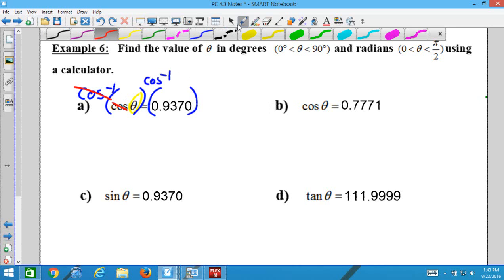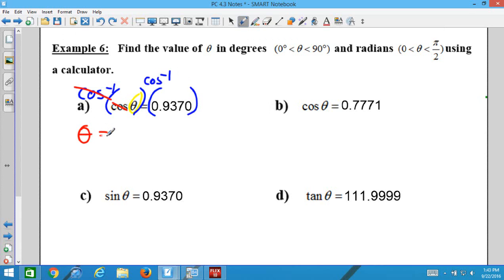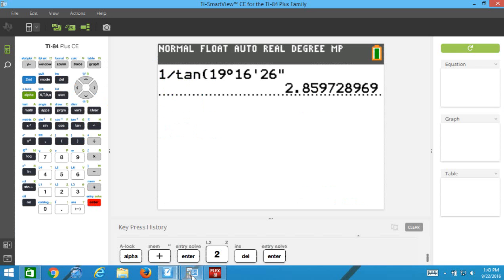And we get left over theta equals the cosine inverse of 0.9370. So what I type into my calculator is that cosine inverse. To get that, you do second cosine, 0.9370. Do you notice I changed these two? Okay.